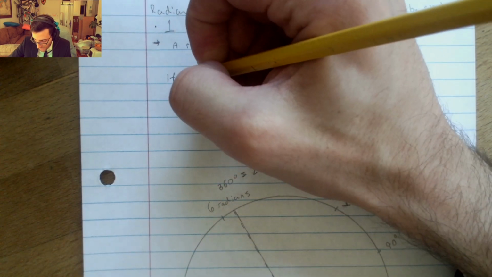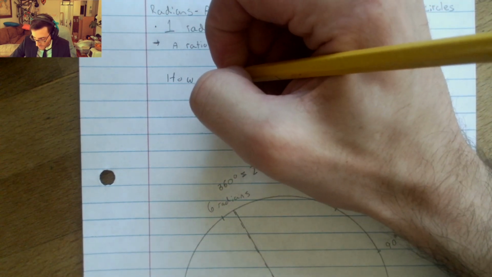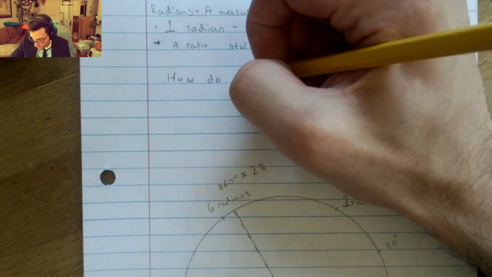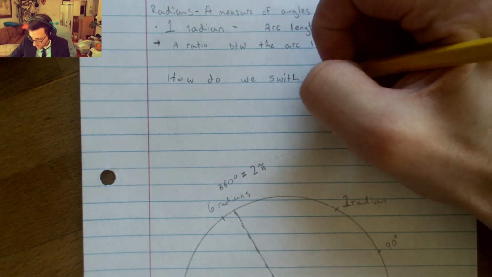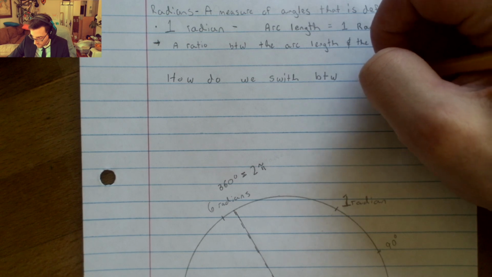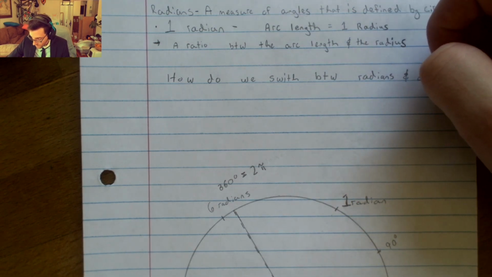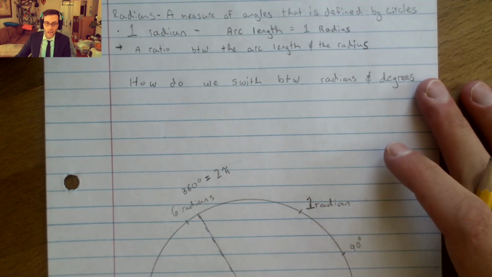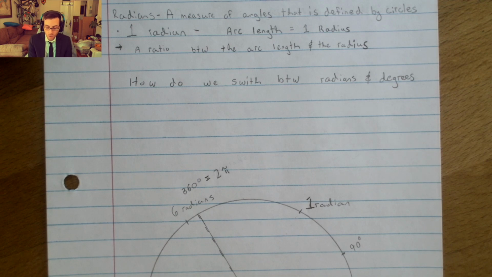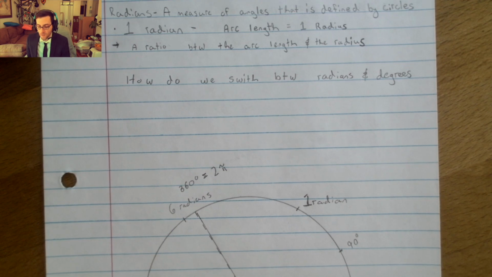So what I'd like for you to add to your notes is how do we switch back and forth? All right, so how do we switch back and forth? There's two different methods that we can use, depending upon whether or not we are starting first with a degree measure. If we're starting with, say, a specific central angle of 50 degrees, how do we then switch over to radians?